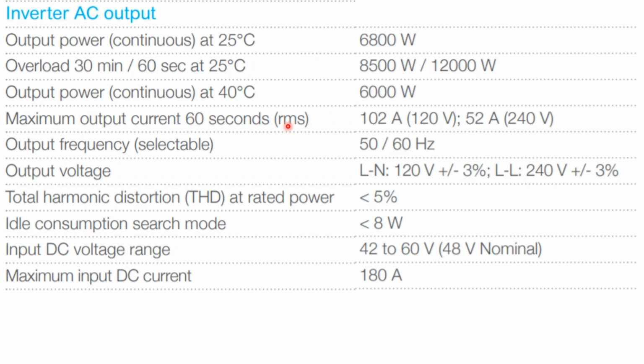We're going to get our maximum continuous output ratings, frequency. I don't really have much to say about the rest of this stuff. You know, if we're dealing with its maximum output current under a 60-second rating being 52 amps at 240 volts.